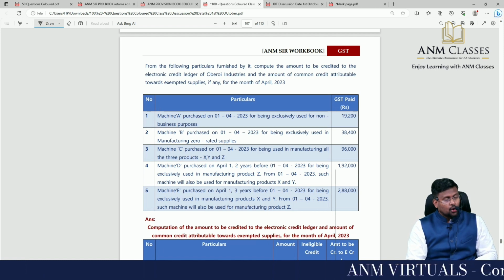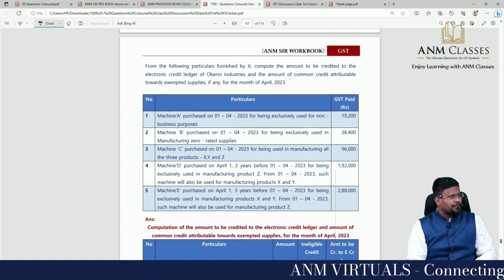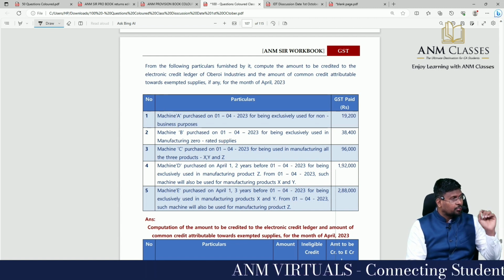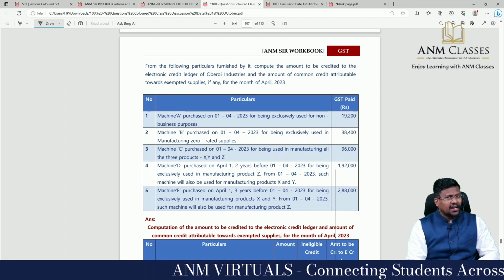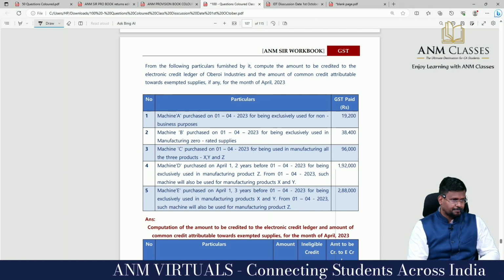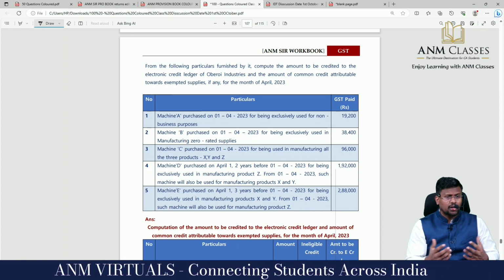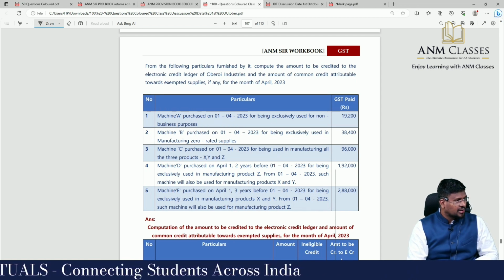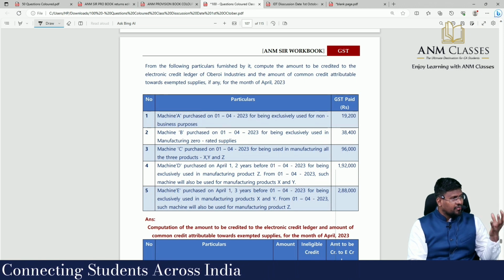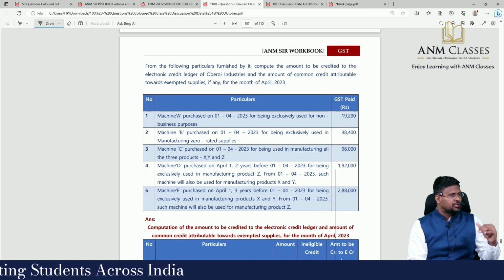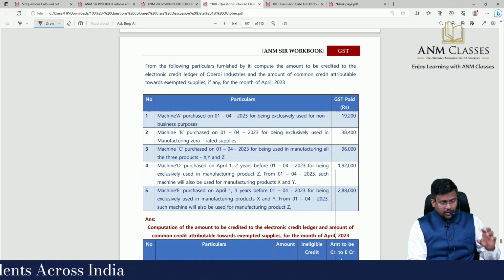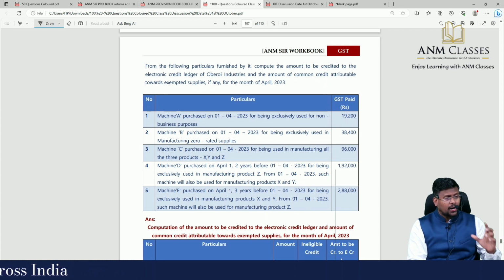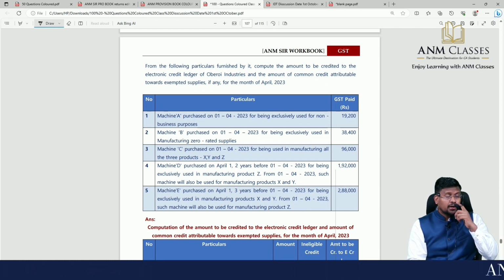Since raw materials are many, we cannot track each raw material, so we'll be following the total method. Whereas capital goods will not be that many. Capital goods will be very few in number, plant and machinery, isn't it? So we will be tracking one to one and taking the ITC.